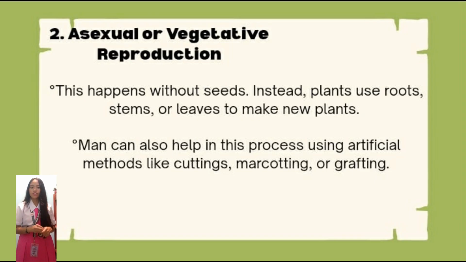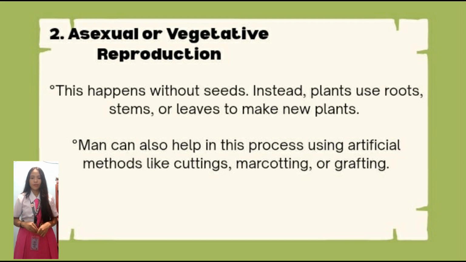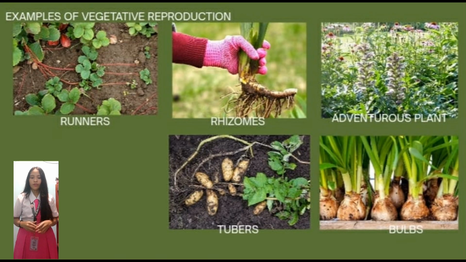Instead, plants use roots, stems, and leaves to make new plants. Man can also help in this process using artificial methods like cutting, marcotting, or grafting. Some examples are runners, rhizomes, tubers, bulbs, and adventitious plants.